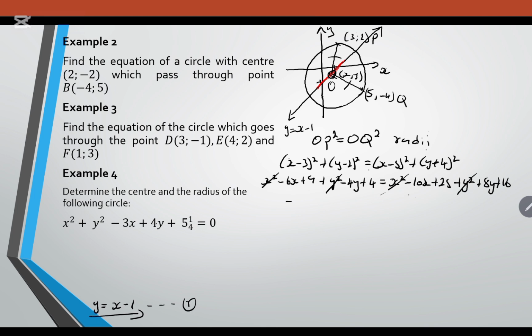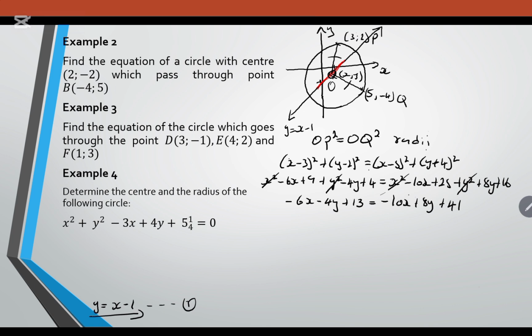On the left hand side, we are left with negative 6x minus 4y plus 13, which is equal to negative 10x plus 8y plus 41. So that is the equation that we have on both sides.